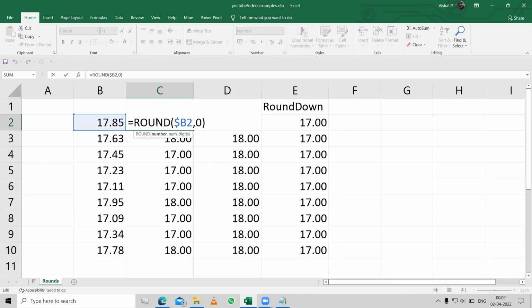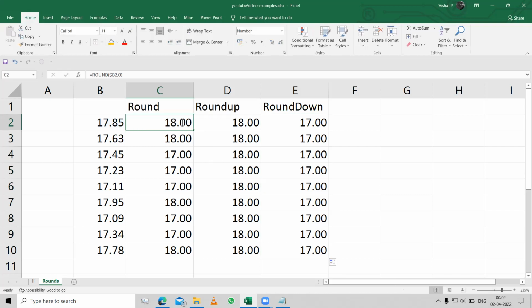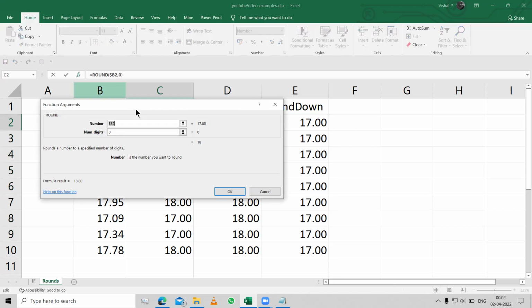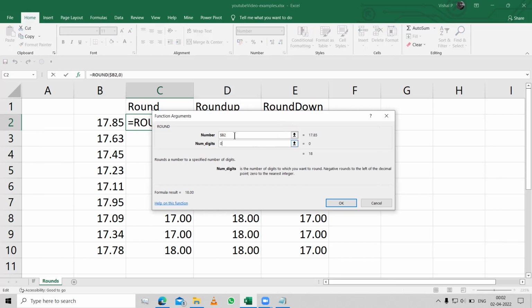The formulas you need to write like this. And this digit is going to give you additional control. If you say number of digits, and I click on this FX and take my cursor to num_digits, it says number of digits to which you want to round.